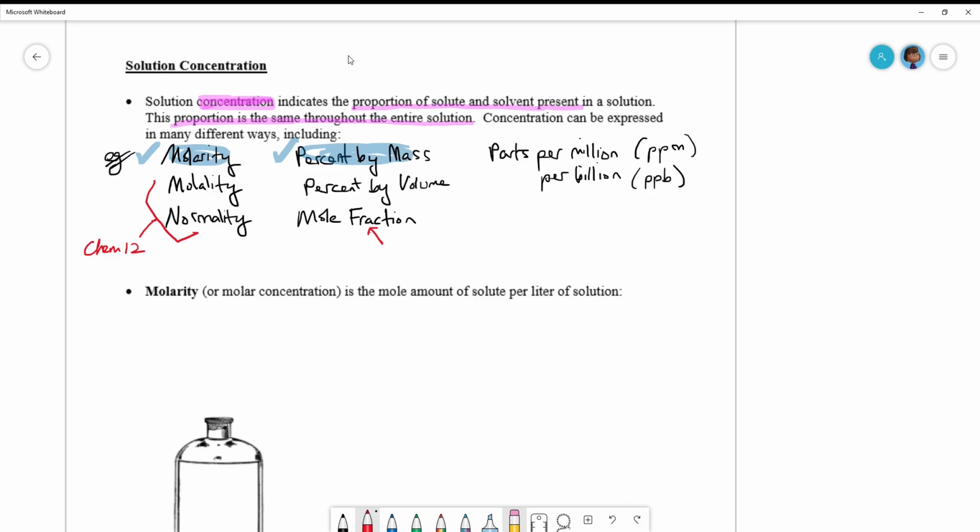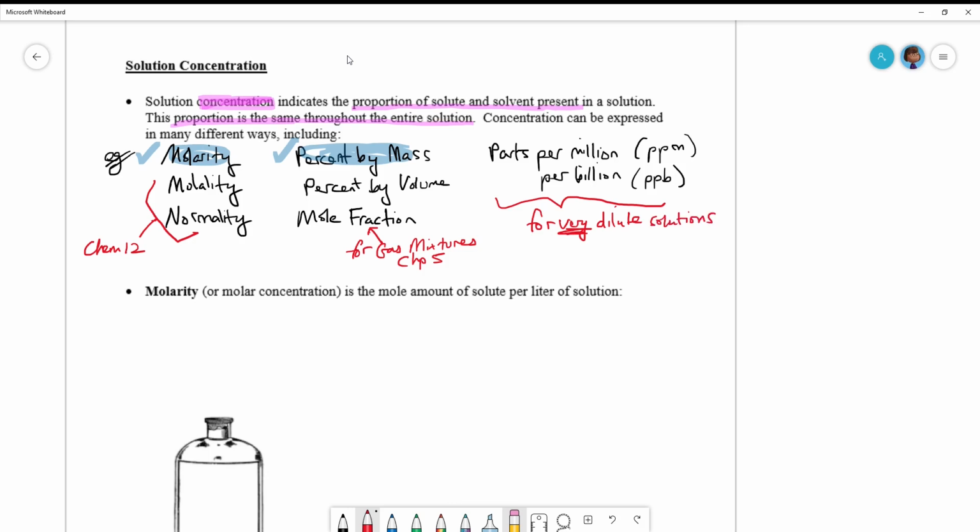So let's note here that this is for gas mixtures. As it turns out, we're going to be covering gas mixtures in chapter 5, so mole fraction is coming soon. Meanwhile, concentration terms like parts per million and parts per billion are almost exclusively used for very dilute solutions.